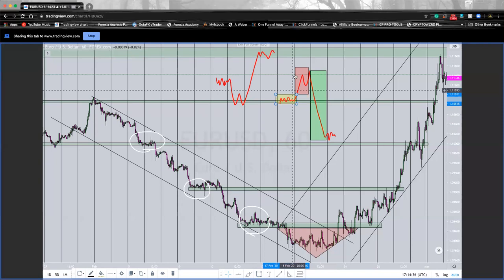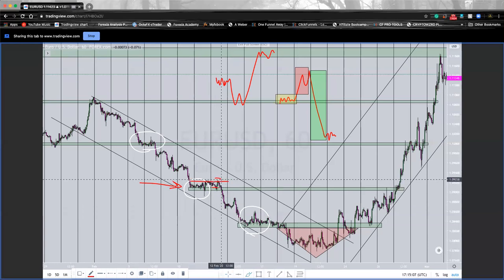The second phase, which is reaction, is where retail traders get induced into taking their position, stop hunting people who are actually right in the direction of the market. So if someone, let's say in this example here, was willing to sell and already sold here and their stop loss is above this high, they will get stop hunted first.